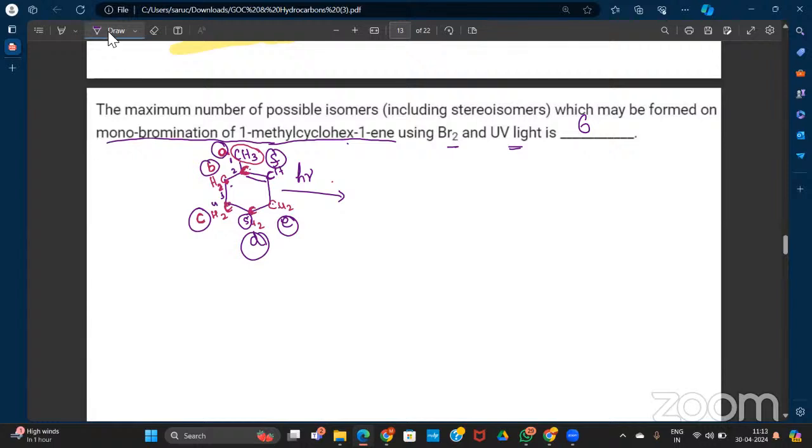Yes. So now I'll give you one more example. Now tell me, when you do bromination over here, how many products will you get?